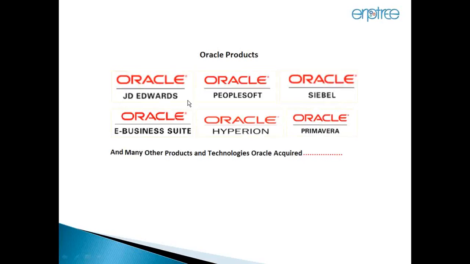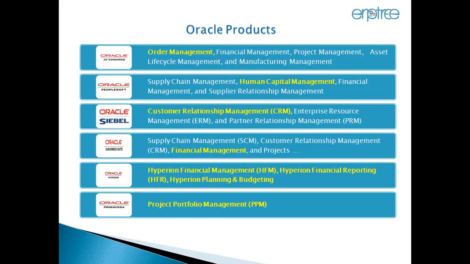So after the acquisition, what they did is, they took the best solutions from JD Edwards, PeopleSoft, Siebel and EBS, Hyperion, and Primavera, which are required for any enterprise as a part of a complete specialized solution. That's how they built the Fusion applications. From JD Edwards they took order management and some finance related functionalities.